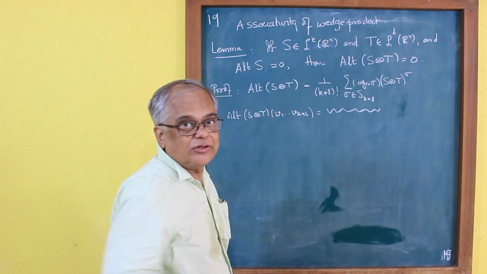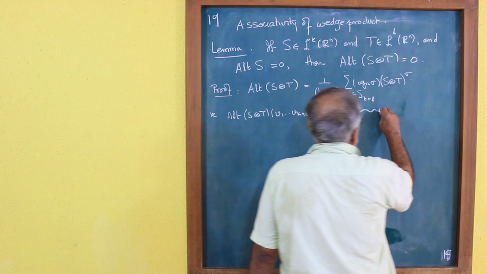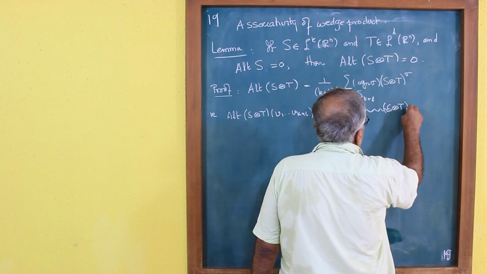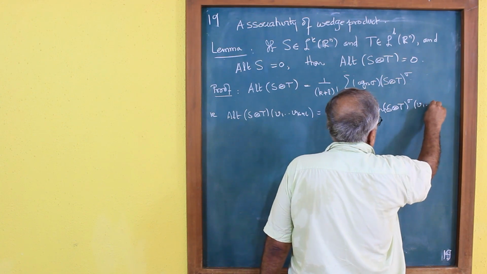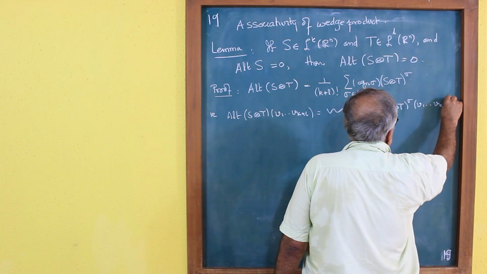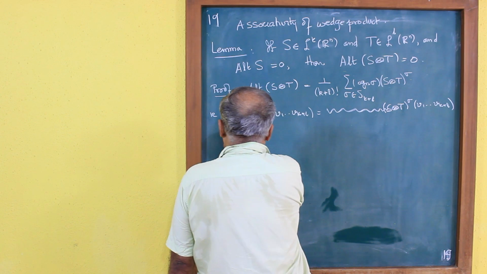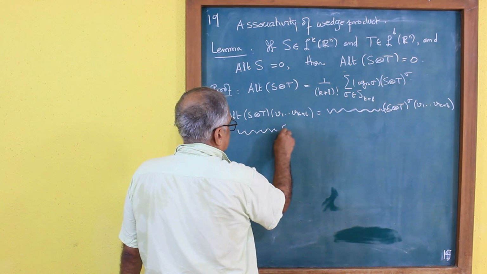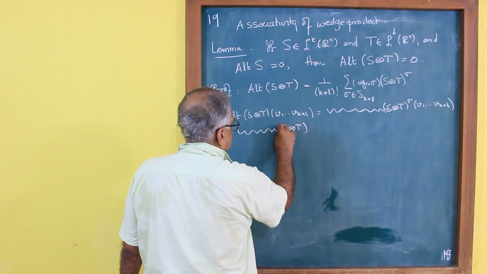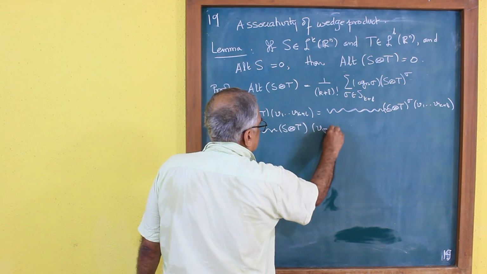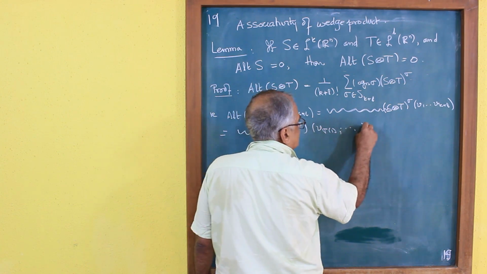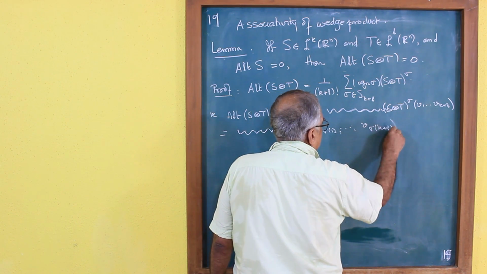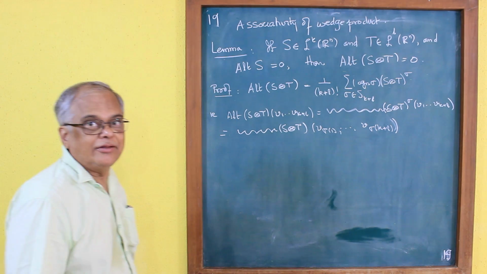By this I mean I'm just copying the top line down, up to here. Now, I'm evaluating it at these particular vectors.